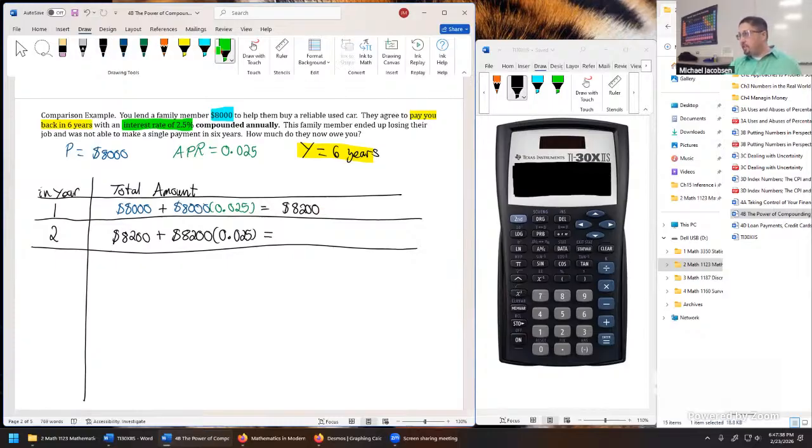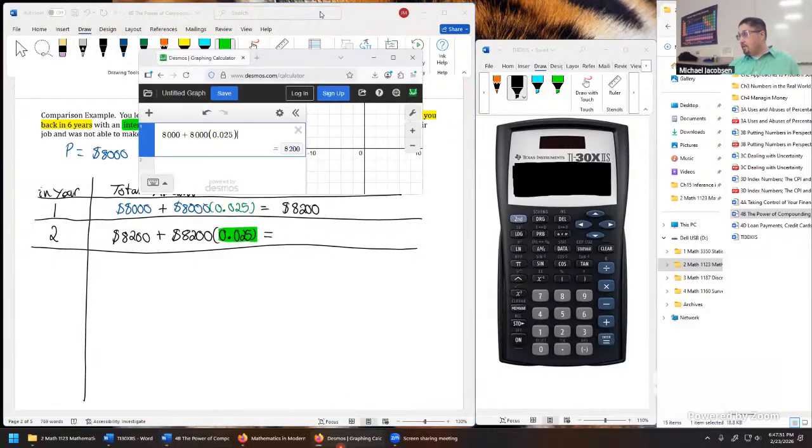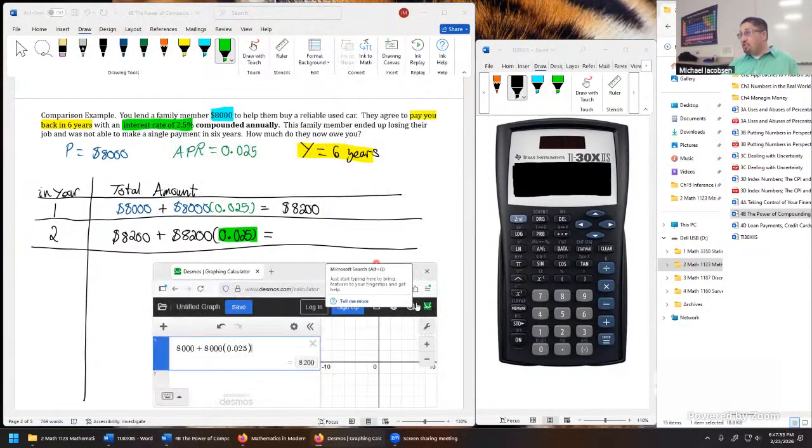I wanted that to be green just to show where that ties in. So this is going to be the total value that we now are owed back to us in year 2. If it was simple interest, it would just be $8,400 altogether. But because we're charging interest on the $200, it's going to change on us.